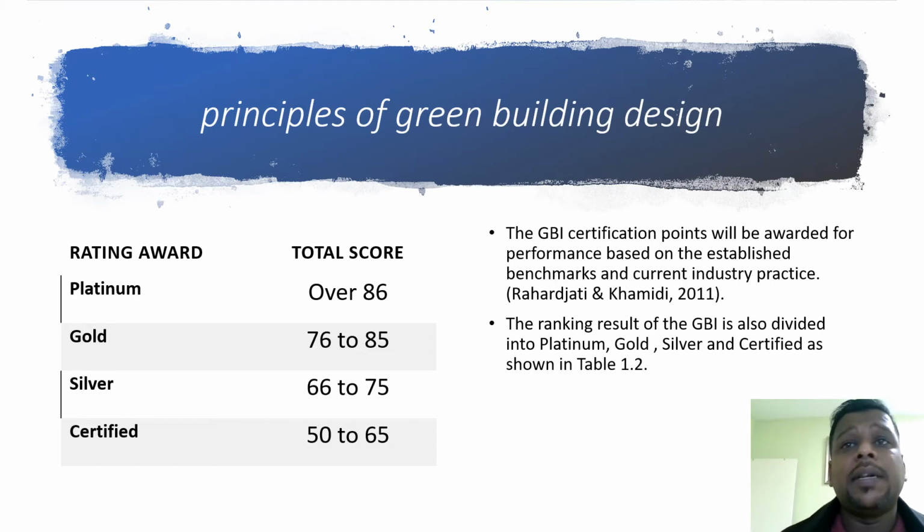The first is platinum, second is gold, third is silver, and the last is certified. We can see in the table the total score for platinum is more than 86, gold is 76 to 85, silver is 66 to 75, certified is 50 to 65.